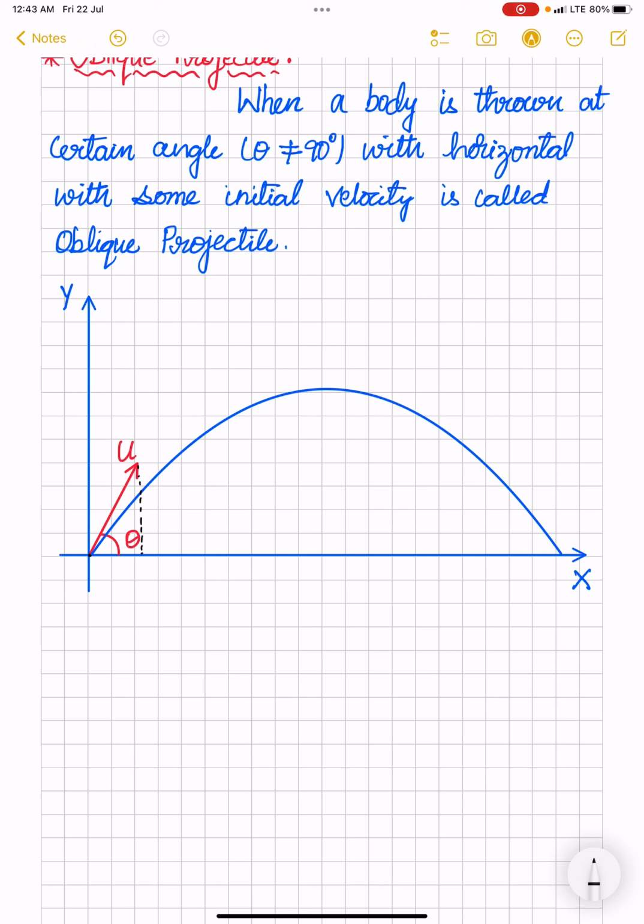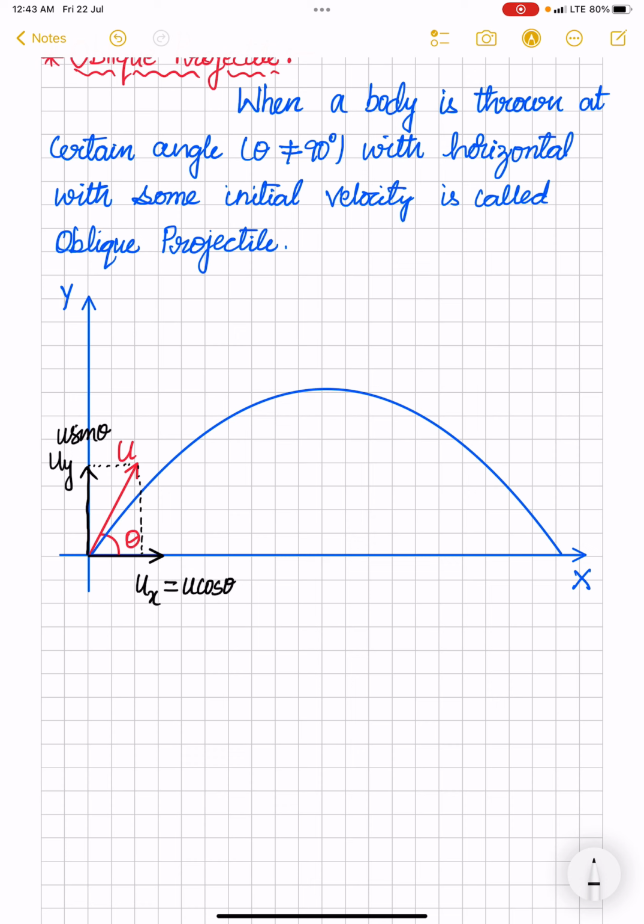A component along the x-axis, say ux, you can write as u cos theta, and a component along the y-axis, uy, can be given as u sin theta, right?